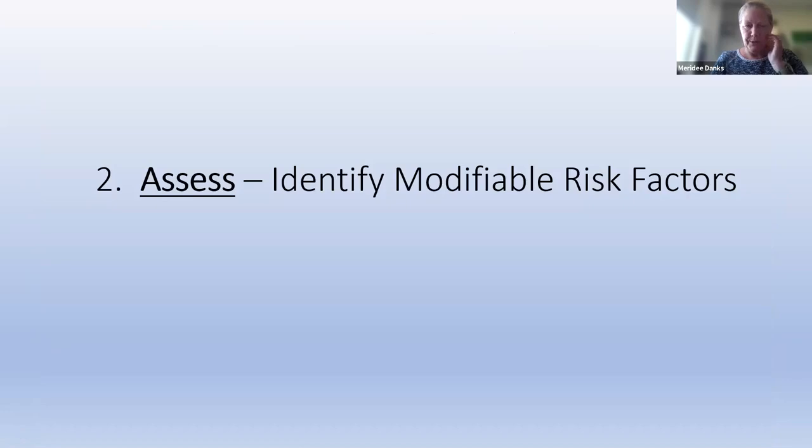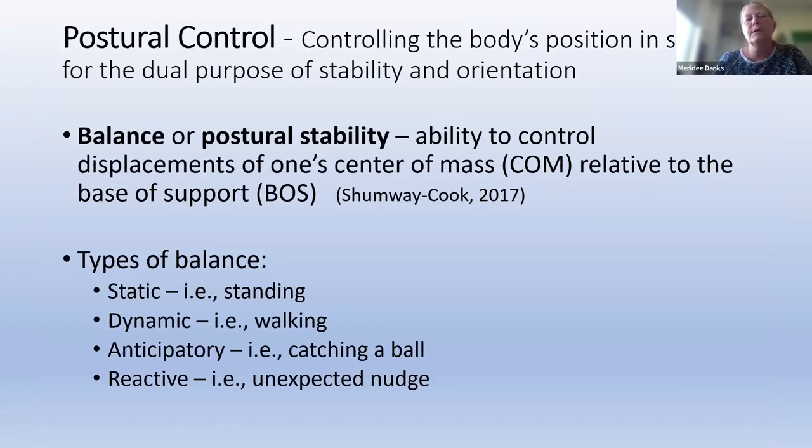So now we're going to do further assessment to identify what might be some modifiable risk factors we can take care of. So when we talk about balance, we need to know about how balance works. Postural control, or balance, is the ability to control your body position in space.